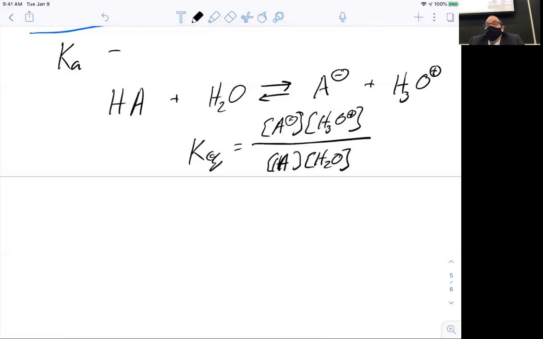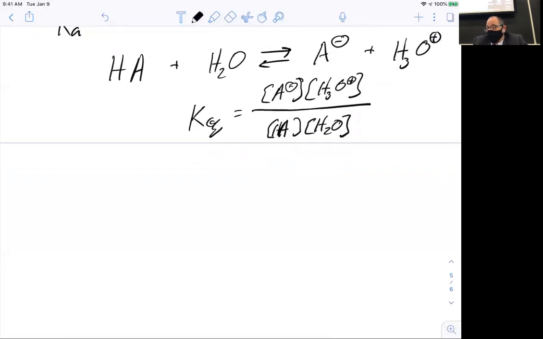Well, it's always going to be really, really high, right? Because it's a solvent. If the solvent is part of our Keq, that makes it difficult for us to see minor changes in reactions. So what we'll do is drop out the water. We'll say Ka, assuming that we have a solvent as water.